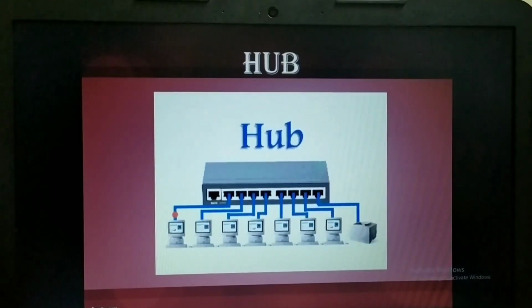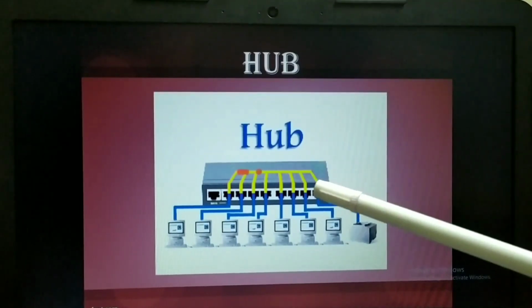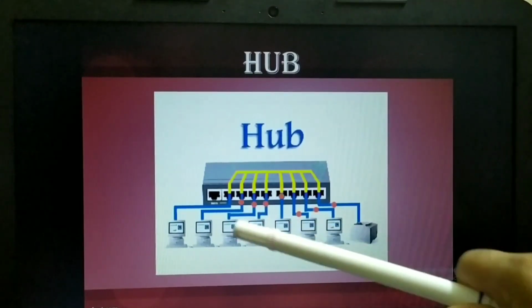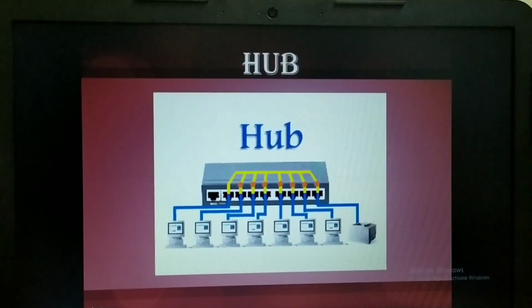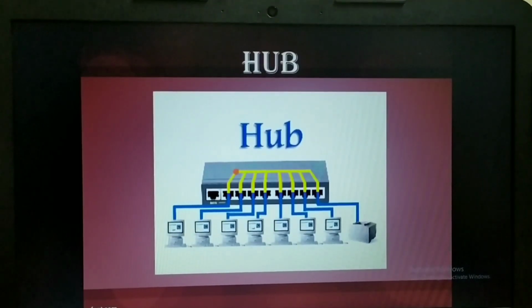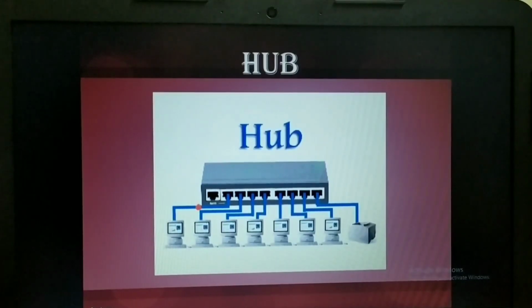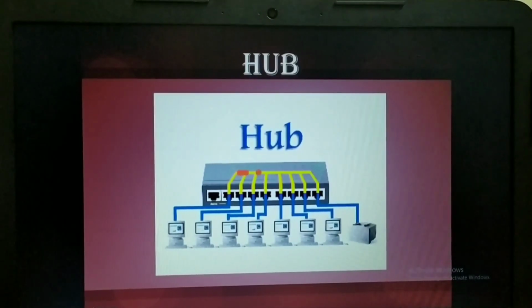Hub cannot identify. These are separate nodes, they are connected with separate media. Hub cannot identify these separate media. So there is a problem, right? It is a problem, as hub cannot identify separate nodes, so you cannot send separate data to a specific one, to someone in particular. It cannot be possible with hub.